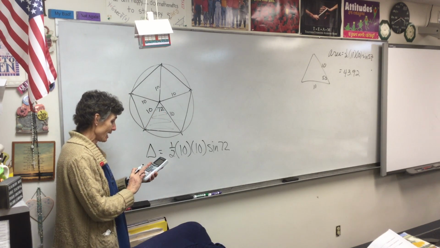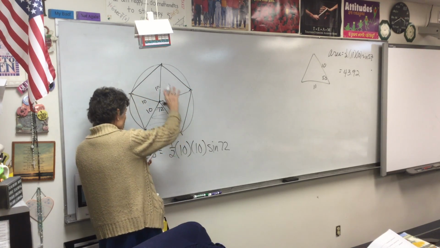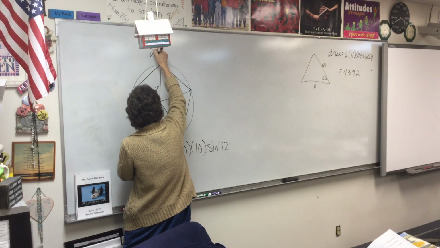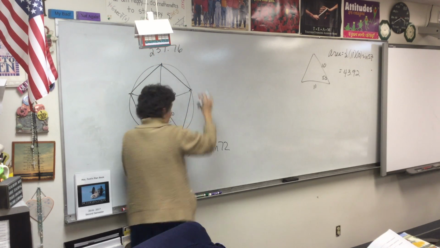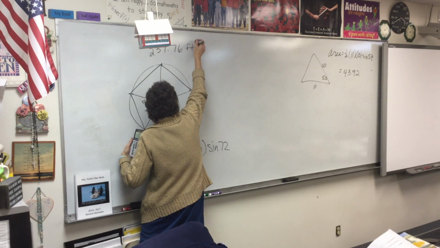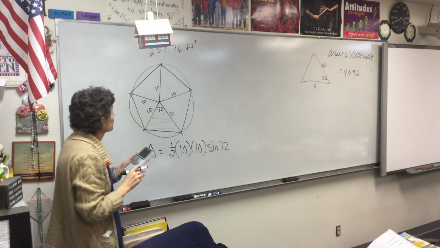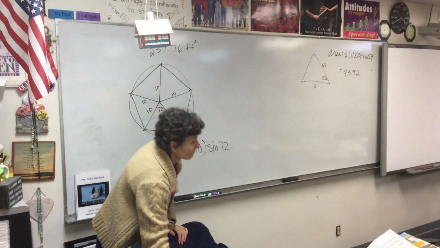Times it by 5, because you want the area of the whole shebang. So 237.76, is that inches? Feet, square feet. So the area of that thing is 237.76 square feet.